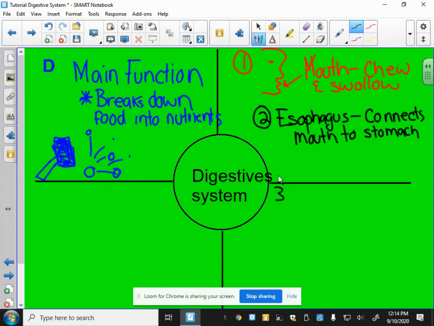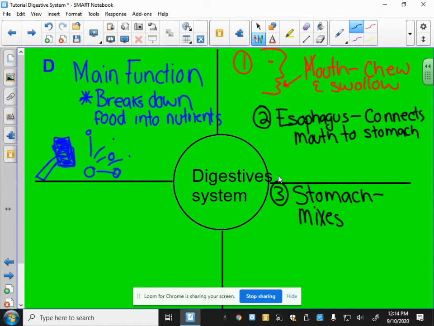Number 3, the stomach. The stomach main function is to mix all the food.